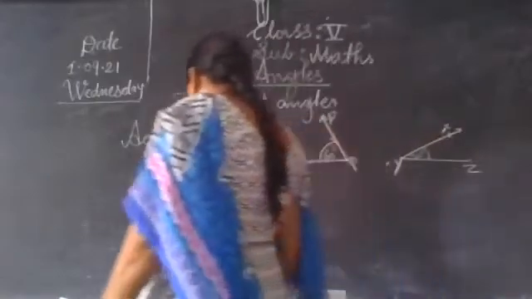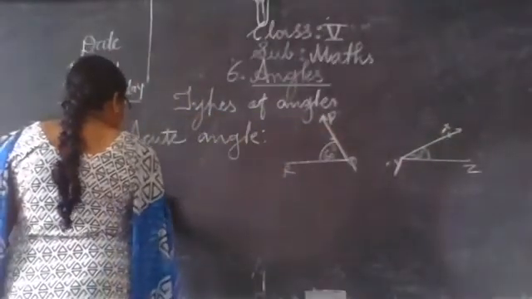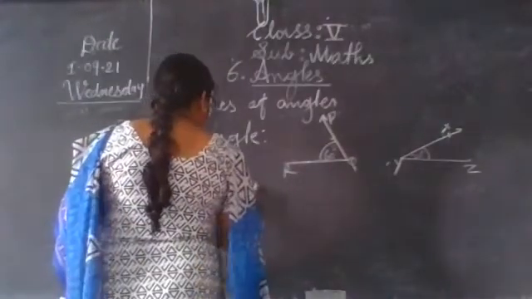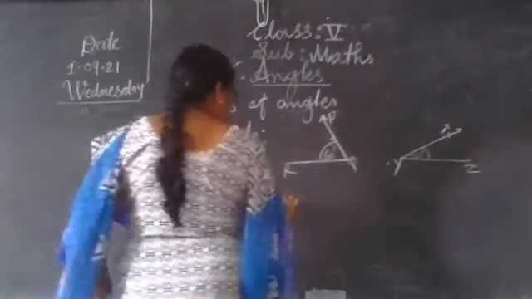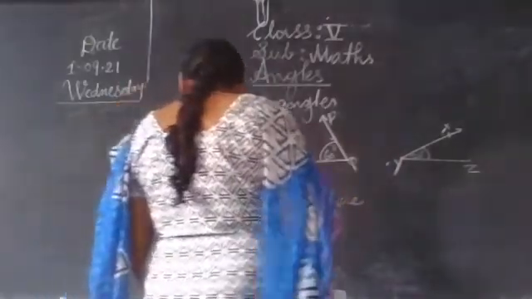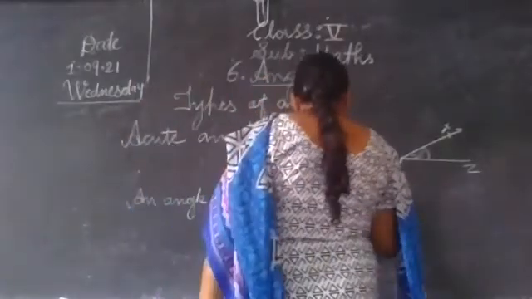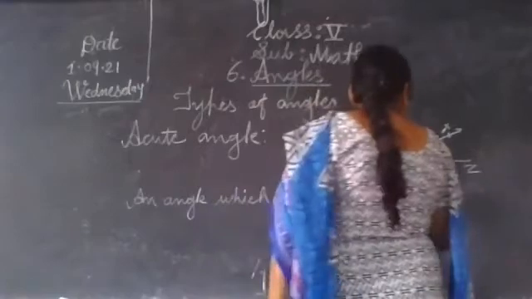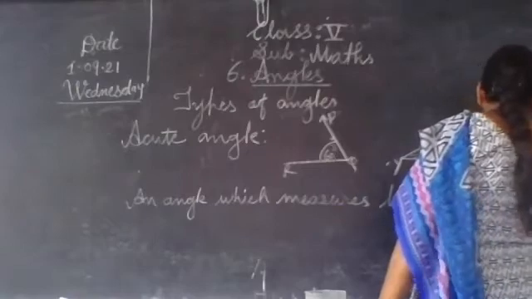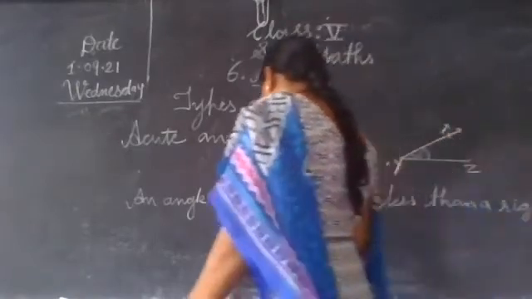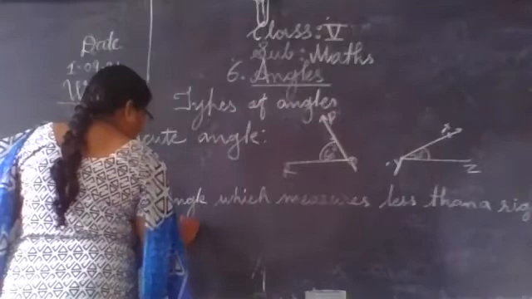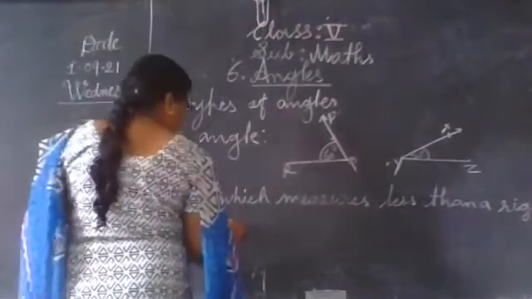So an angle which measures less than a right angle is called an acute angle.